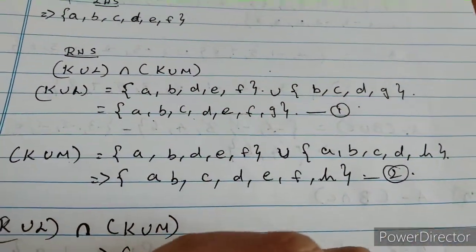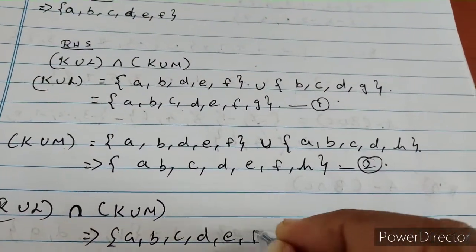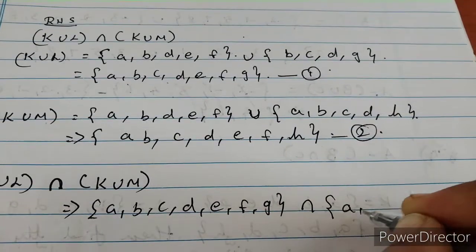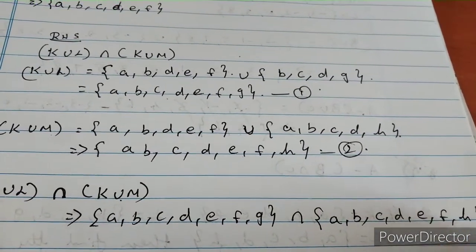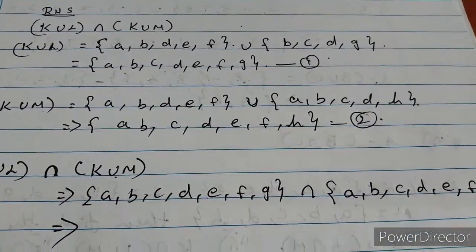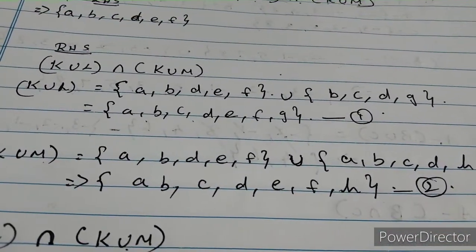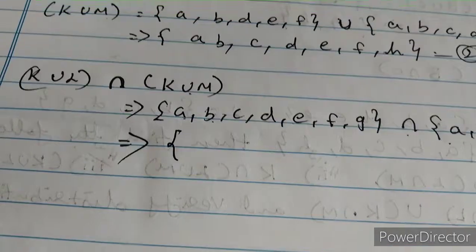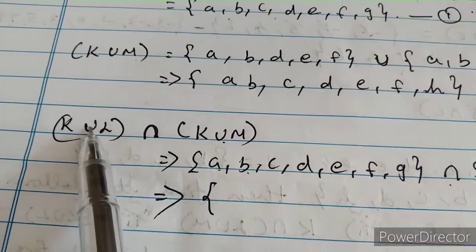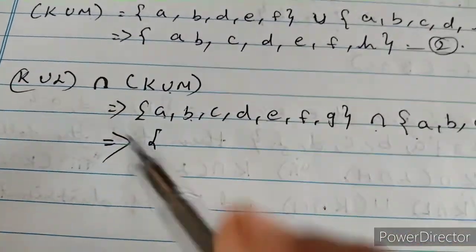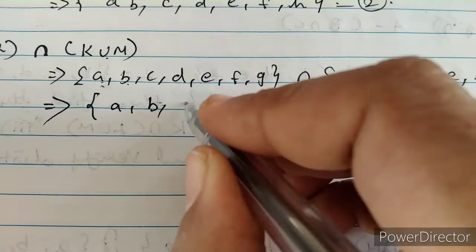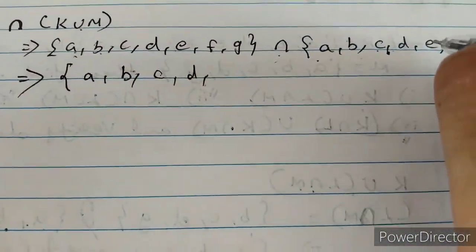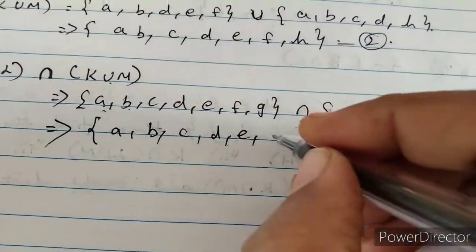K union L is A, B, C, D, E, F and G intersection K union M, which is A, B, C, D, E, F and H. Intersection means the elements which are common in both the sets, you have to write them down. Therefore A, B, C, D, E, F.